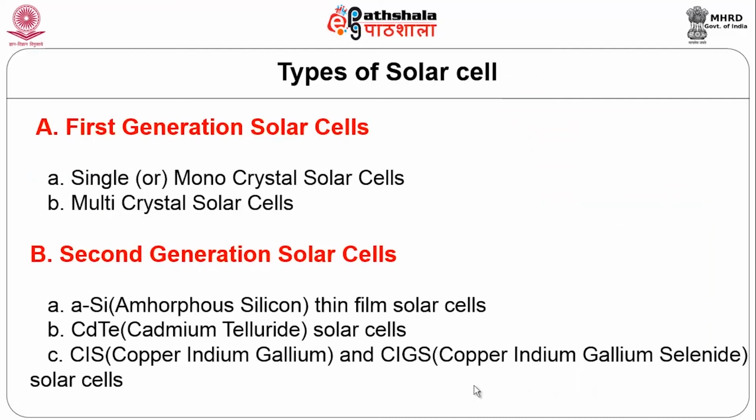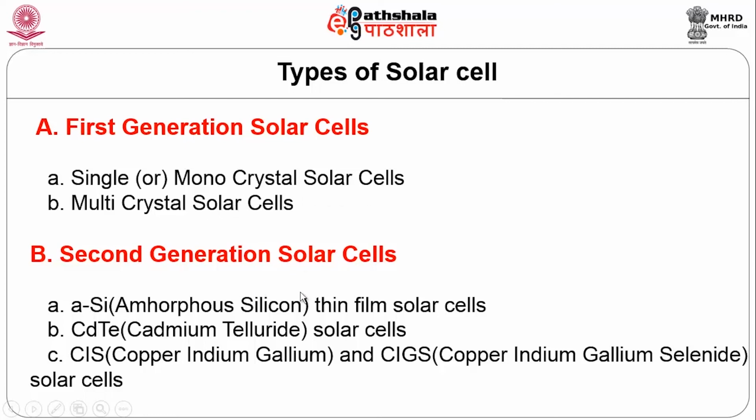And these are the types of solar cells. We have first generation solar cells and second generation solar cells. In the first generation we have single or monocrystalline solar cells and multicrystalline solar cells.